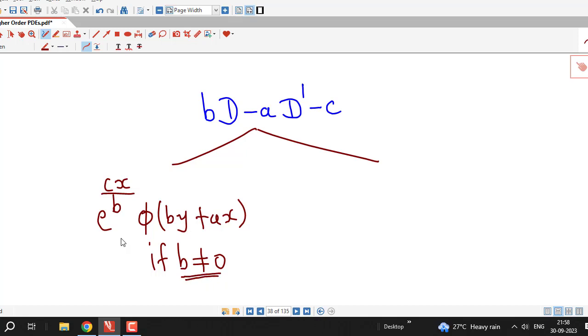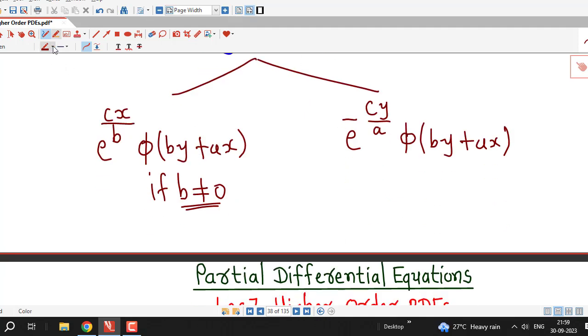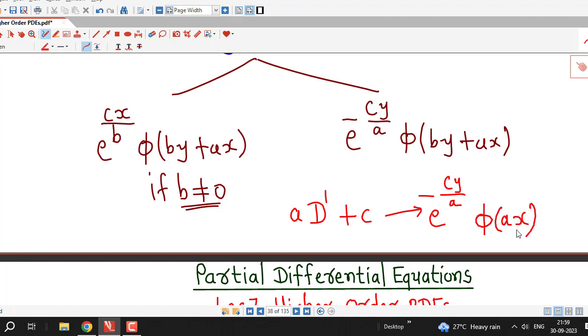If b equal to 0, this will not work. In that case, if a is non-zero, then we will write e raised to minus cy over a, arbitrary function of bx plus ax. And as a particular case, suppose our linear factor is in this form, a times D' plus c, then we will consider e raised to minus cy over a, arbitrary function of ax. This is the part of general solution corresponding to this type of linear factor.